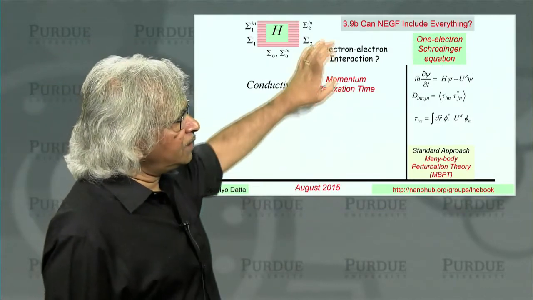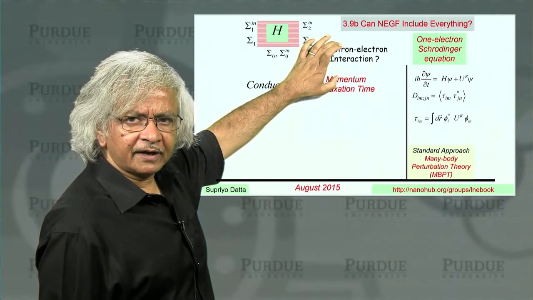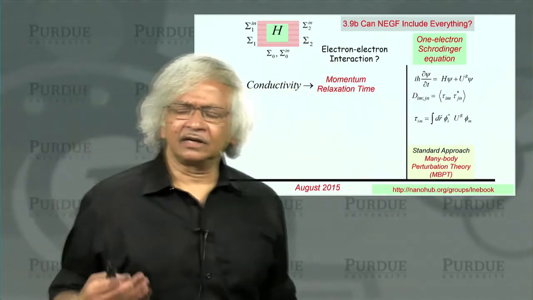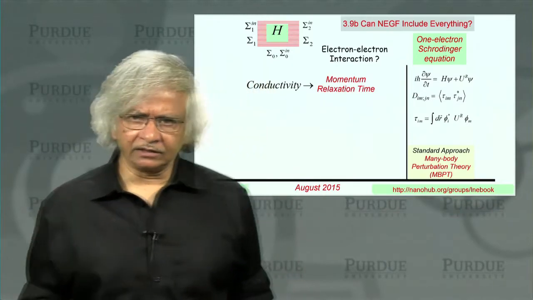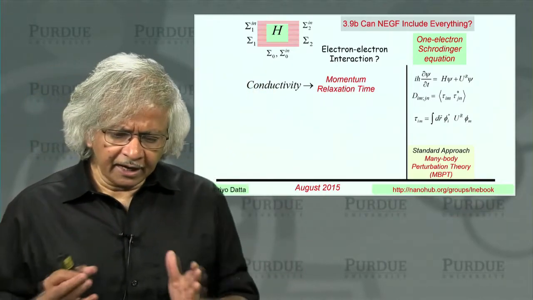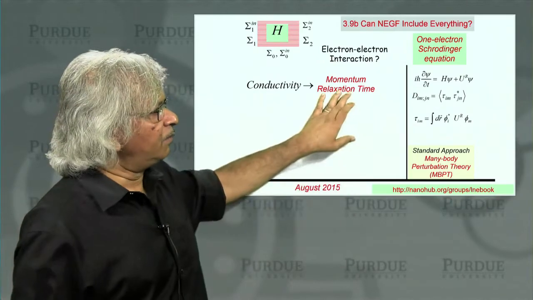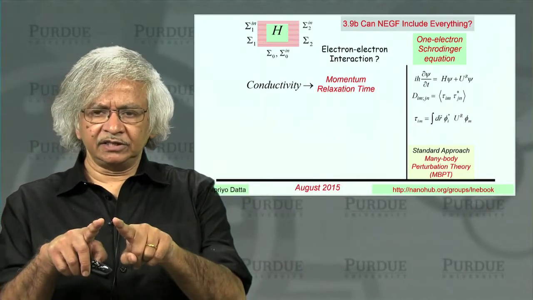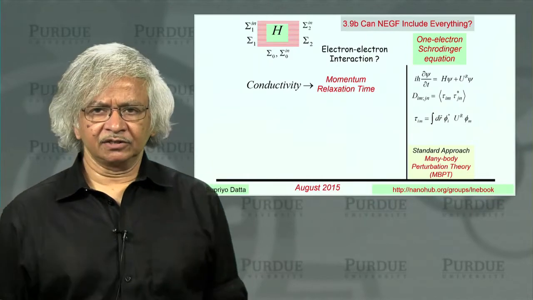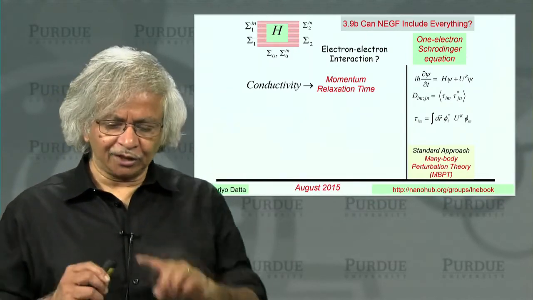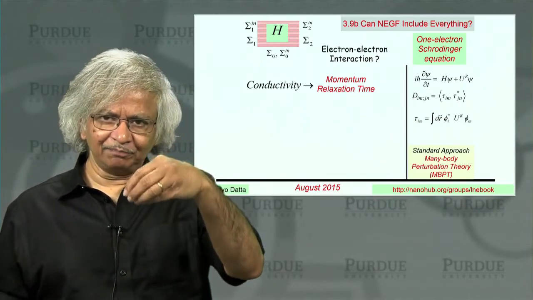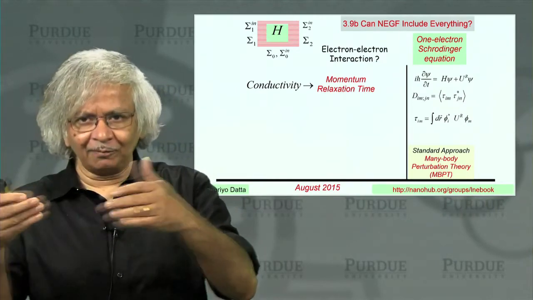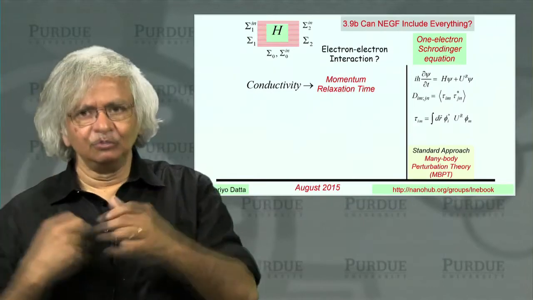Now, why don't we normally worry about electron-electron interaction? Well, the reason is that usually we are interested in conductivity or conductance. And that depends on the momentum relaxation time. Now, when two electrons interact with each other, you see, momentum is not relaxed overall, because one electron might pick up some momentum, but there is this equal and opposite reaction, so the other one loses that momentum.